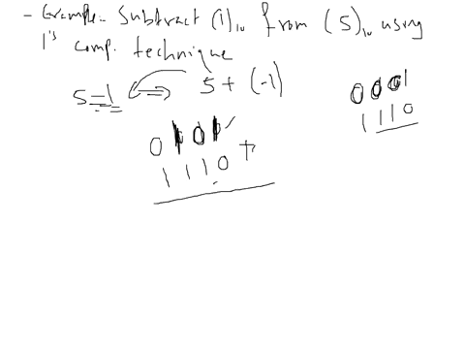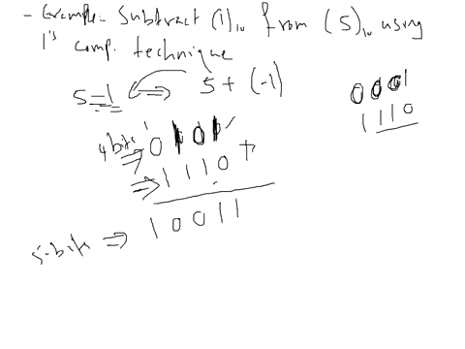So 1 plus 0 is 1, 1, 0, 1. Now note something. How many bits in here? There are 4 bits. Same in here. Now note something here. We've got 5 bits.